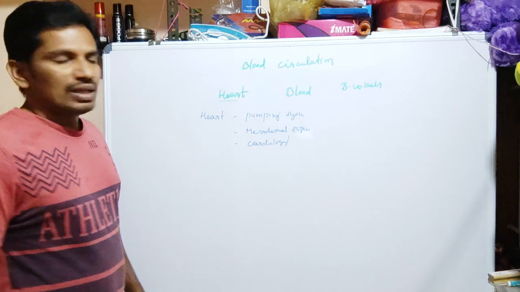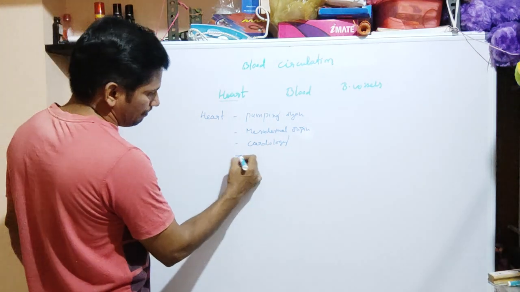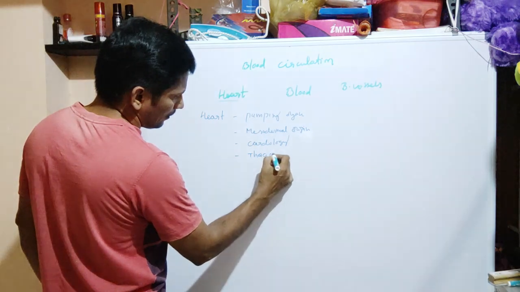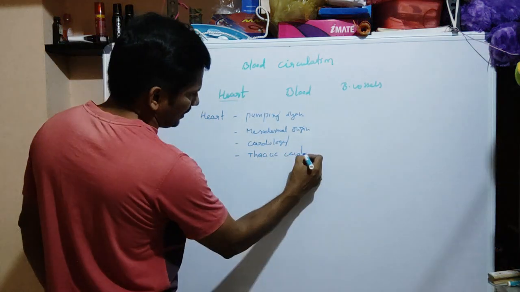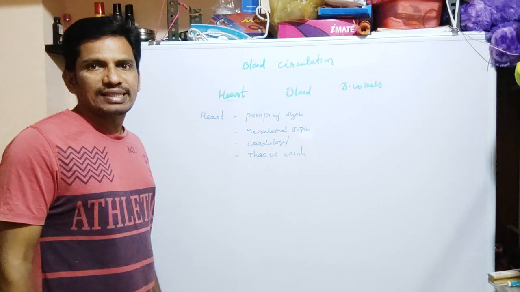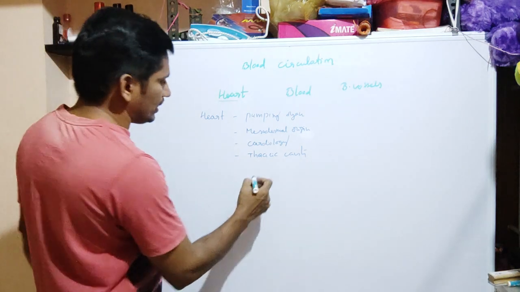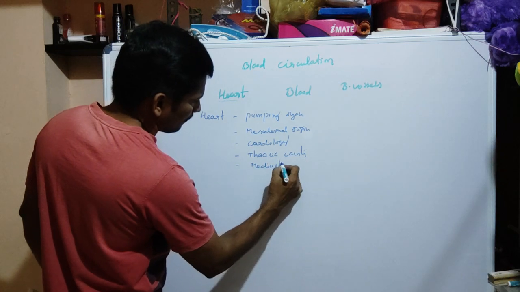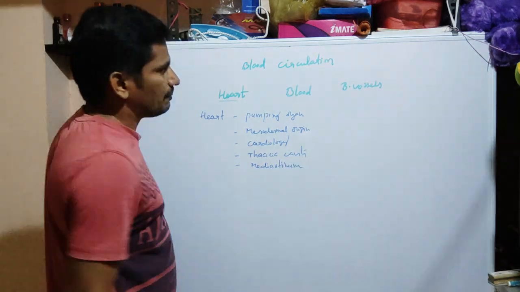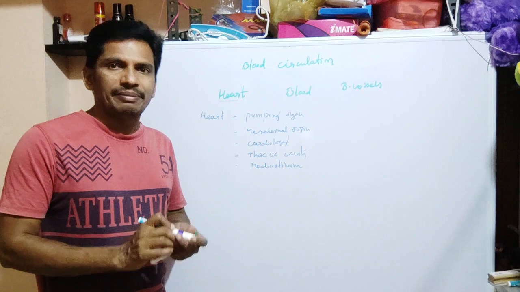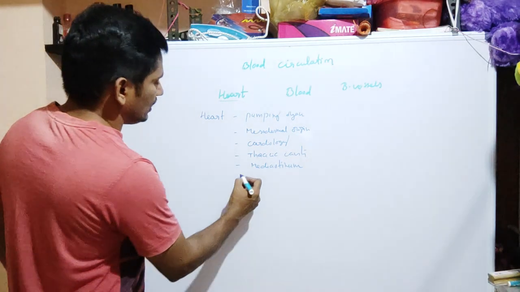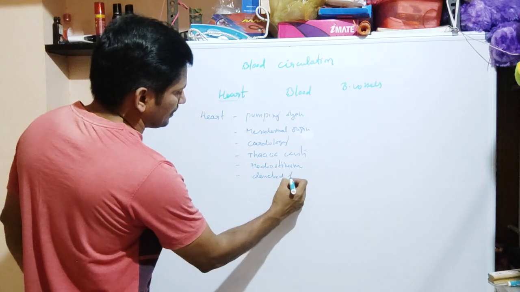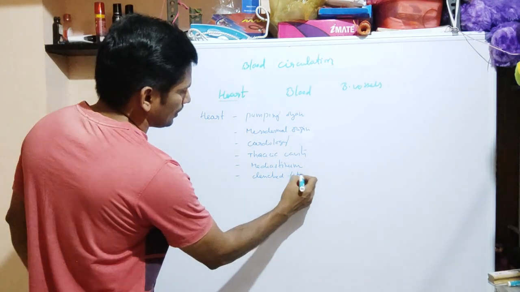The human heart is present in the thoracic cavity, and the exact location is termed the mediastinum. The size is that of a clenched fist.